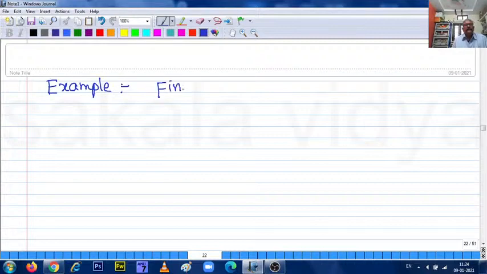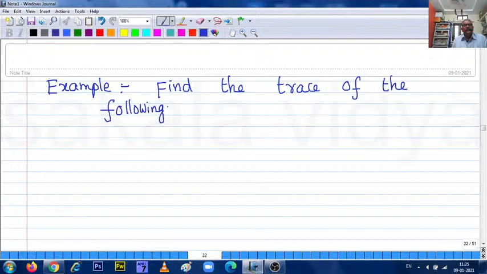Find the trace of the following matrices.